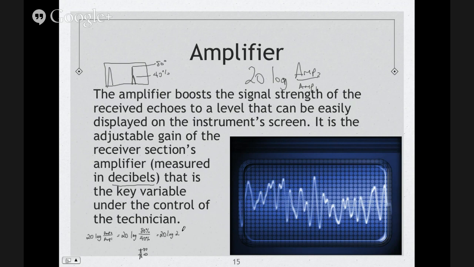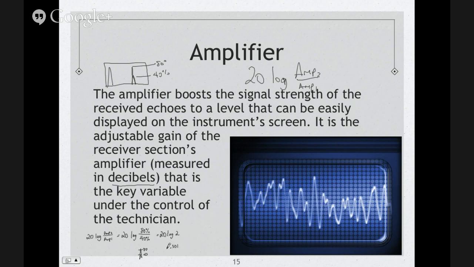And if you do this calculation, get a calculator. You get the log of 2, and the log of 2 would be 0.301.